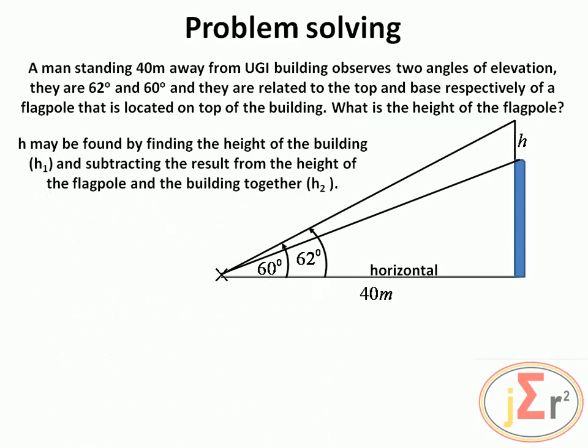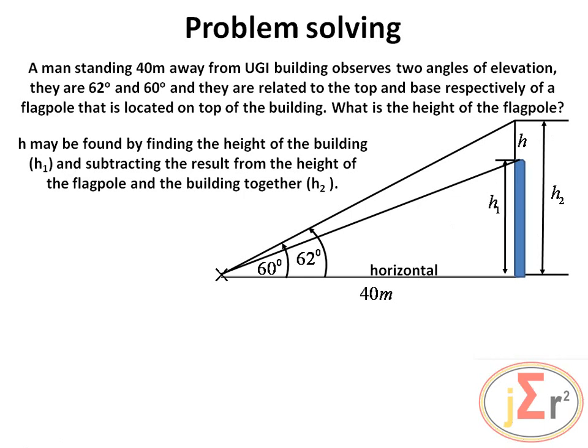Now, h may be found by finding the height of the building, h1, and subtracting the result from the height of the flagpole and the building together. To determine the height of the flagpole, remember we have two angles of elevation. One goes to the top of the building, and one goes to the top of the flagpole that is located on top of the building.